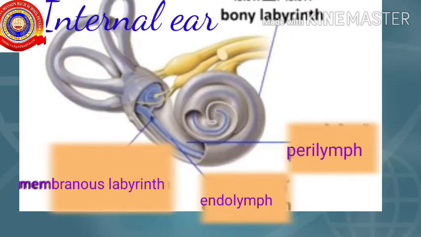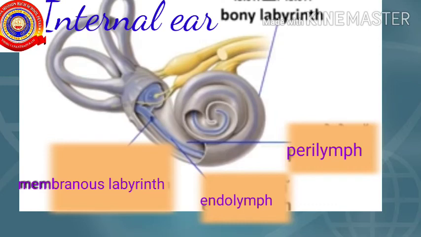Look at the picture here. This internal ear is protected in the skull inside a bony case which is called the bony labyrinth. And inside this bony labyrinth, there is a membrane which is called membranous labyrinth. And here two fluids are there.